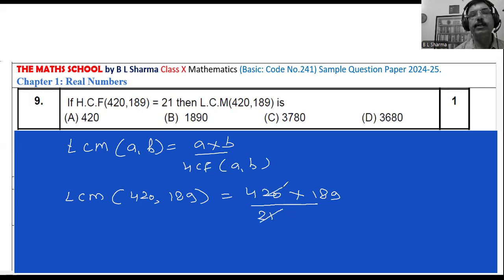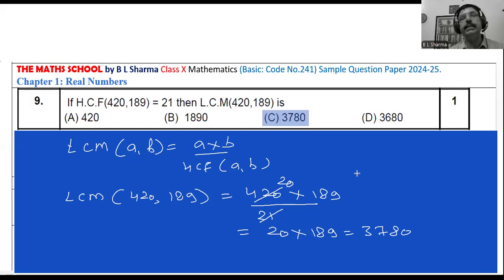So 420 divided by 21 is 20. So 20 into 189, that is 3780. So C is the correct option.